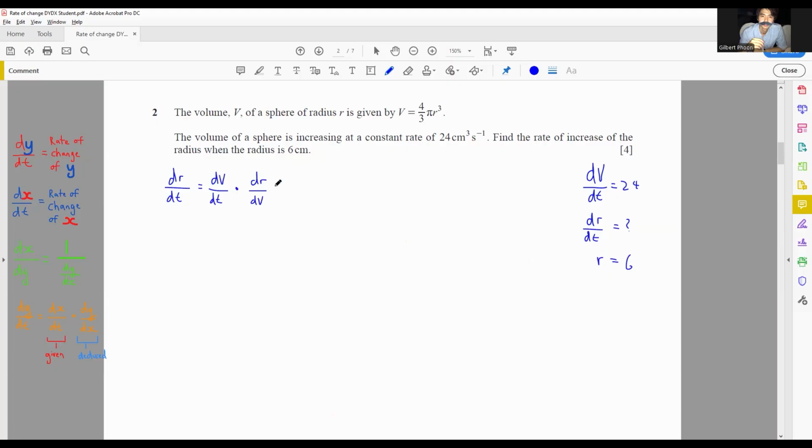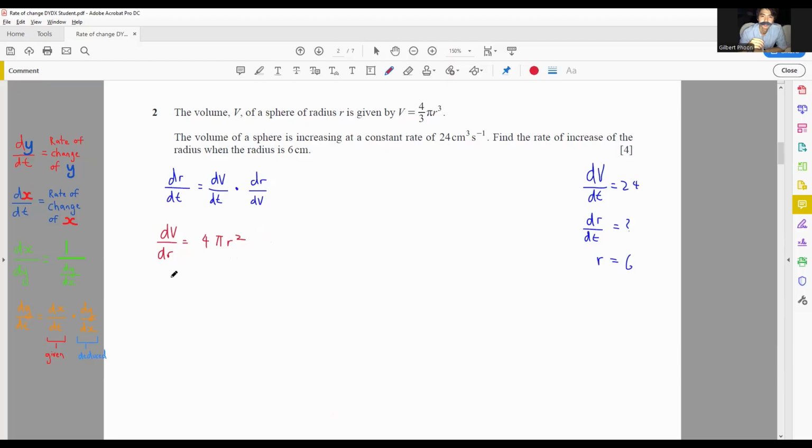So again, this is the reciprocal of dV over dr. Next, we can move on to find the differentiation of volume in terms of radius. dV over dr is actually equal to, differentiating this, 4 pi r squared.